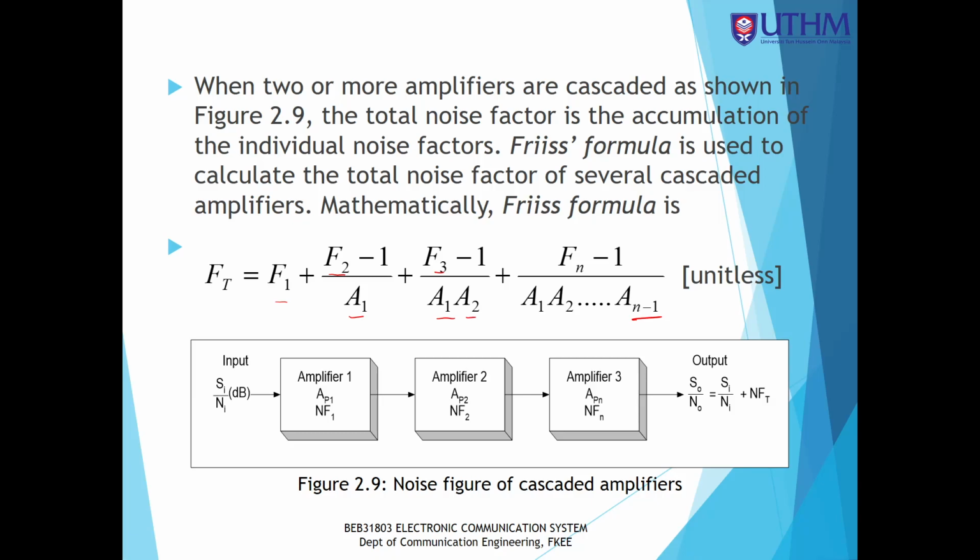Okay, so for example, for the 3 cascaded system like this, for example, you have 3. Normally we ask up to 3 in the exam. We don't ask until 4 and more than that, no. Normally we ask until 3. So this is 1, 2 and 3.